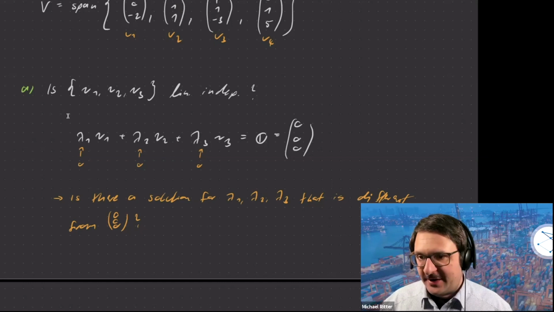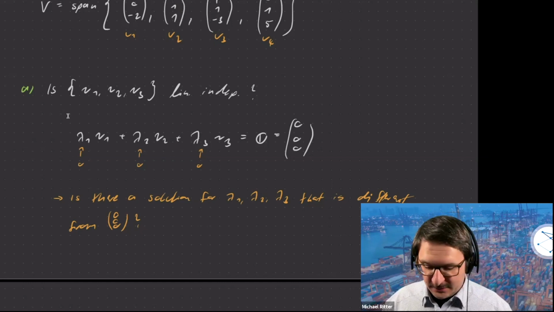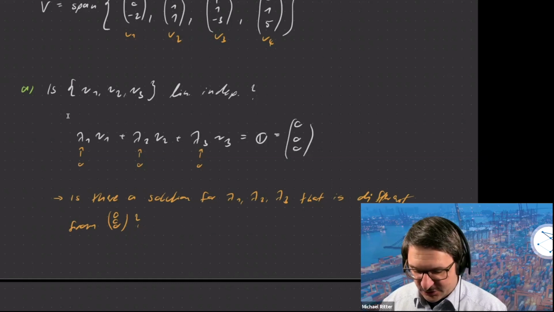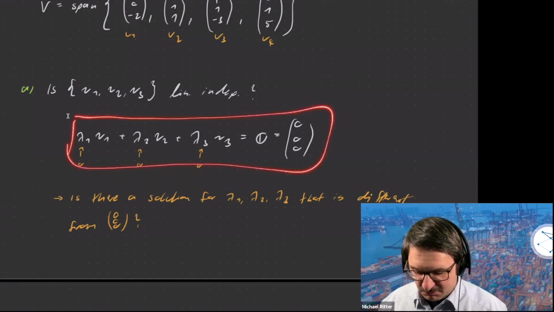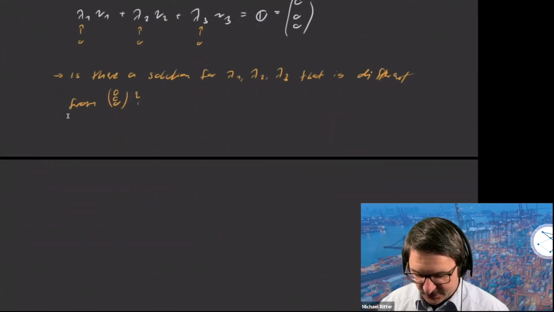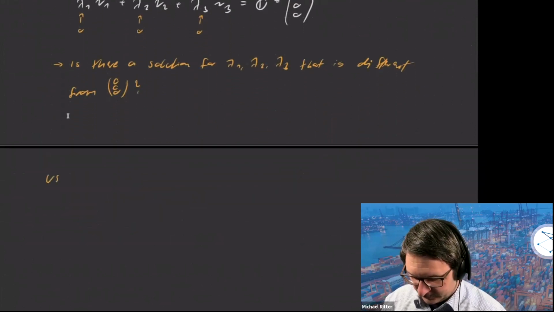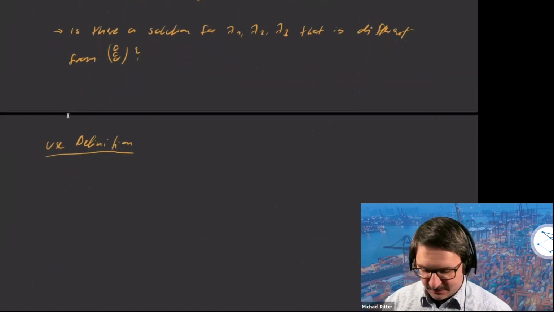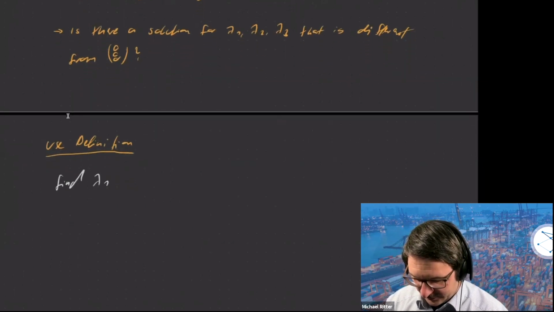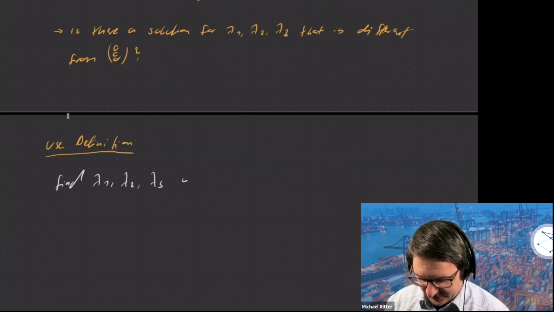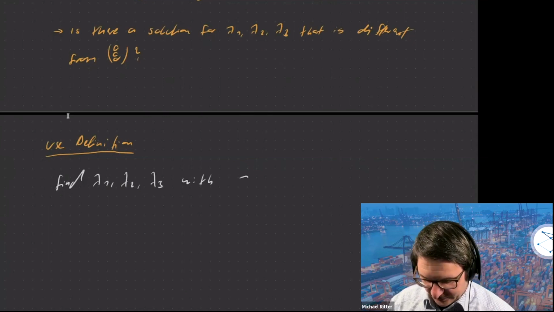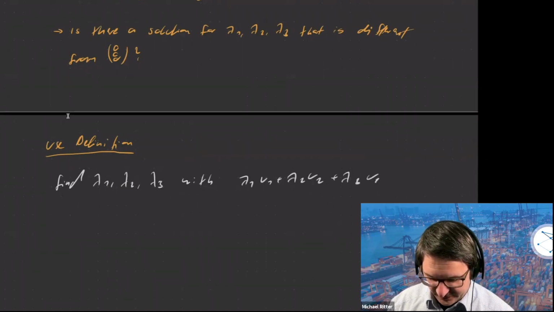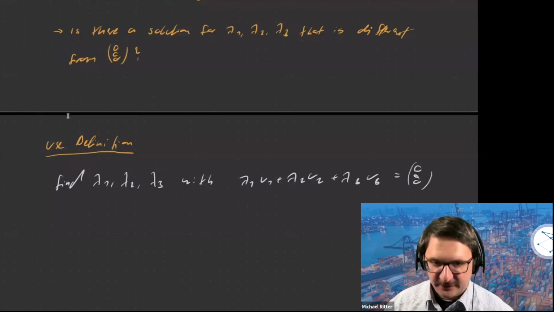Now let's see how we can find out whether this set is linearly independent or not. One method, of course, would be to just use that very definition. So let's try that first. We want to find lambdas, so lambda 1, lambda 2, lambda 3, where lambda 1 v1 plus lambda 2 v2 plus lambda 3 v3 is equal to the all zeros vector.